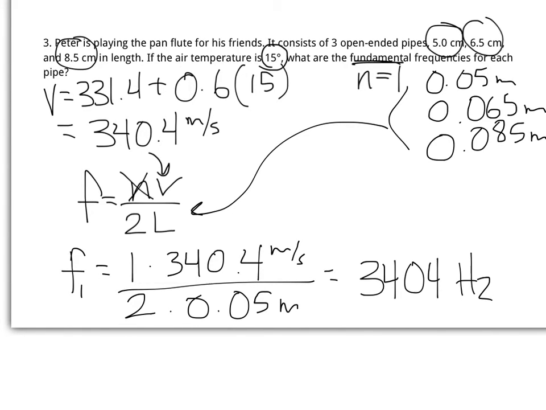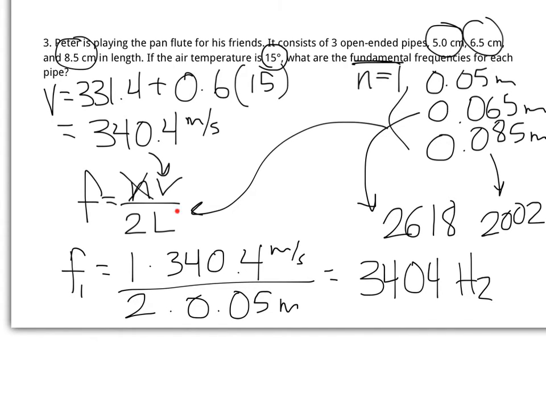As we extend the length of those open pipes, we would expect the frequencies to go down, and in fact for the 0.065 you should calculate 2,618 hertz, and for the 0.085, 2002. And again, you're just swapping out the length in this equation for those new numbers.